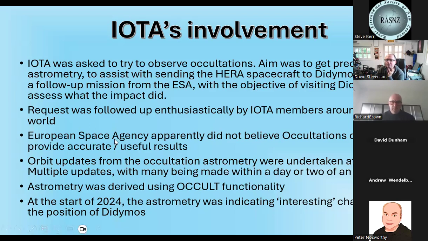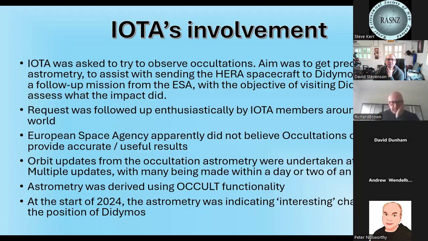European Space Agency, apparently they thought the occultation stuff, well, they didn't believe it was going to provide anything reliable or useful. We obtained the occultation results, forwarded those to people at JPL, who run the Horizons system.